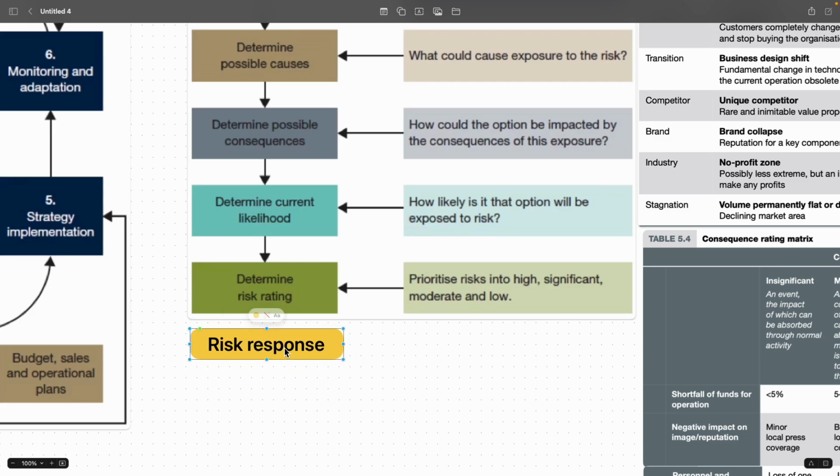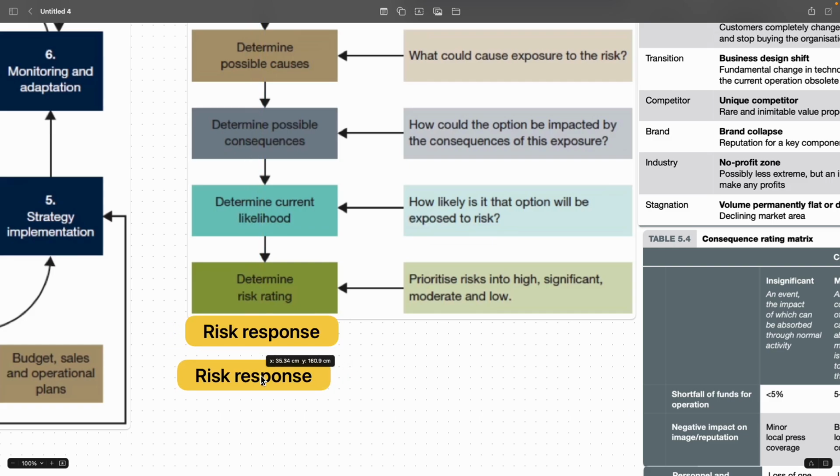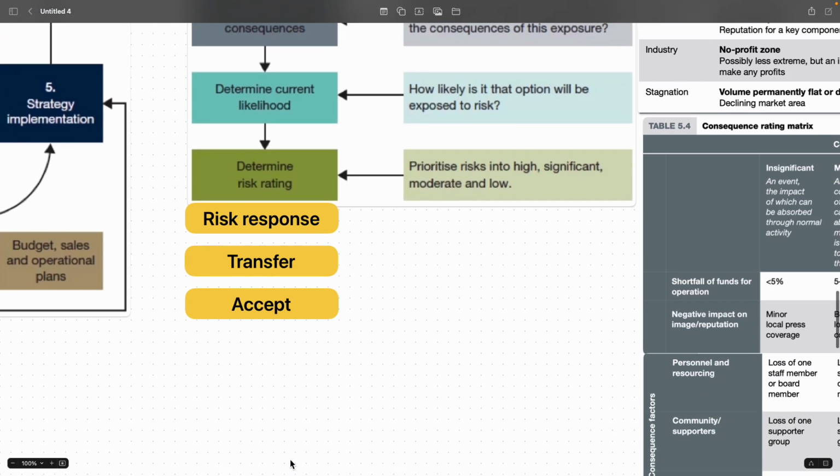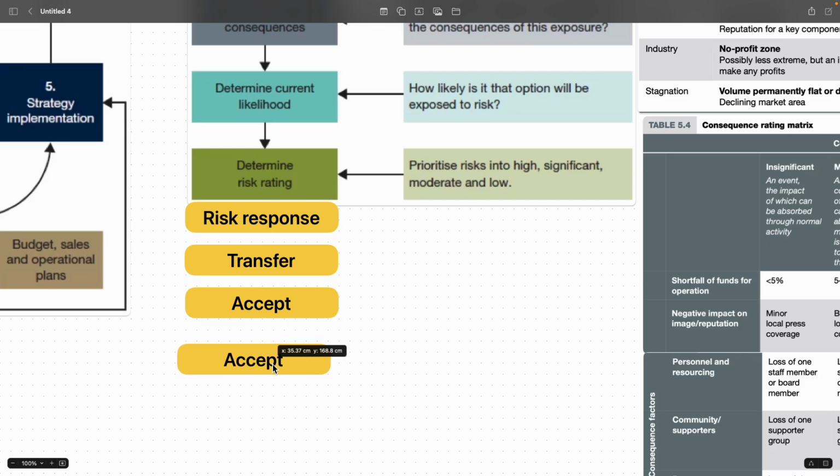The risk response is going to be transfer. Okay, that's basically transfer. Transfer basically means buy insurance.